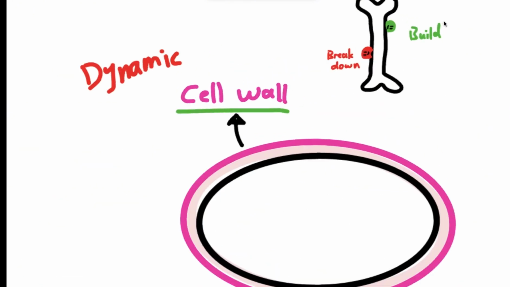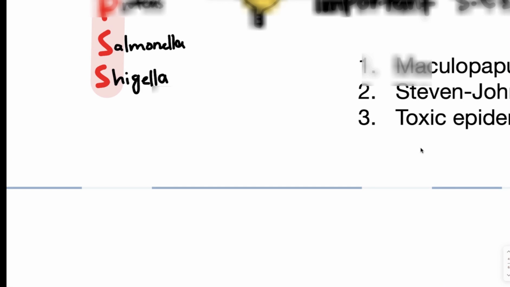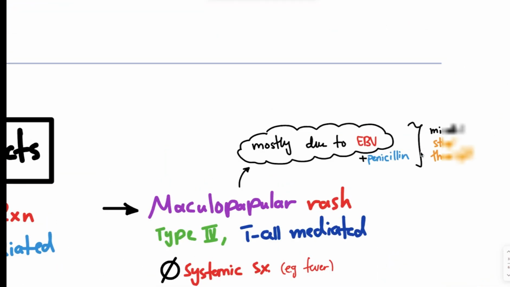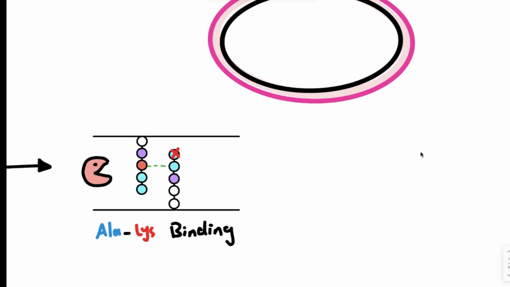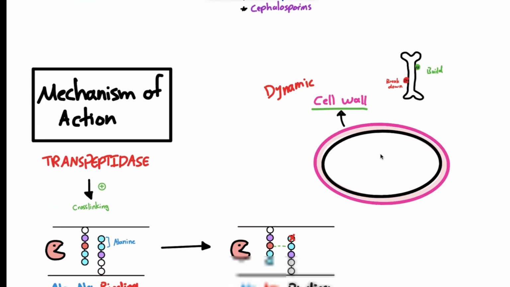A simple analogy is our bones, where we have osteoblasts and osteoclasts. Osteoblasts build the bone and the breakdown is done by osteoclasts, and with that we form a balance between these. Same thing goes for the bacteria.